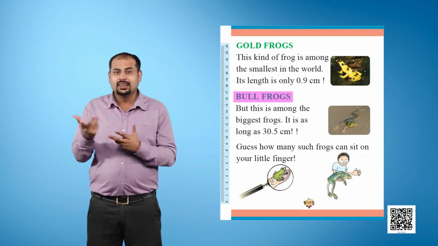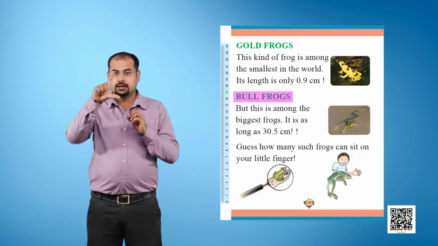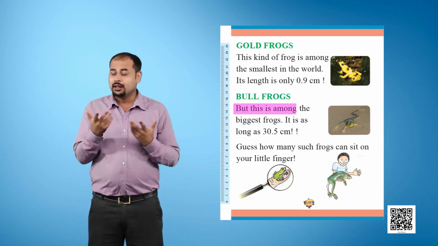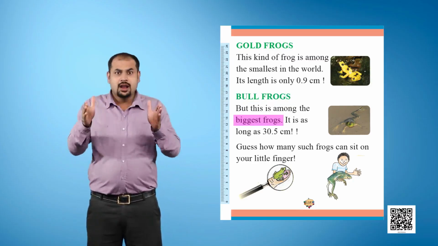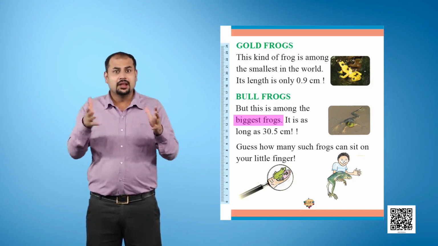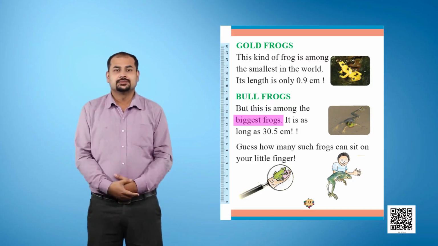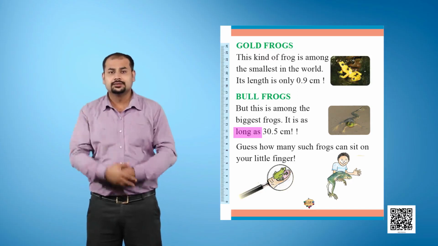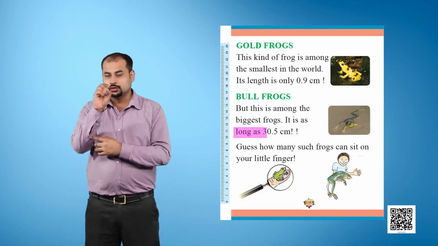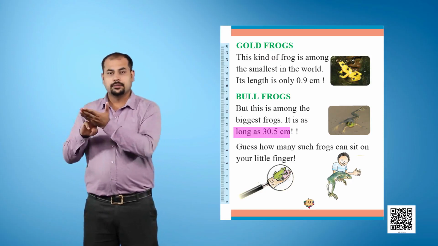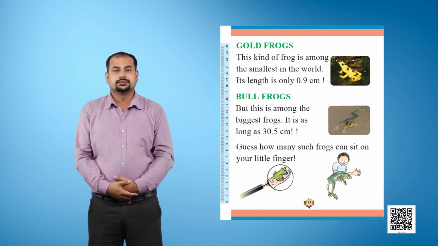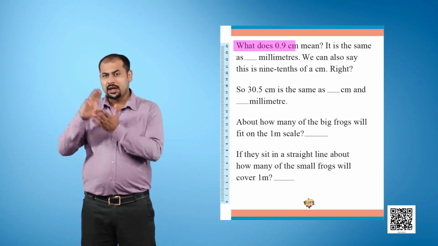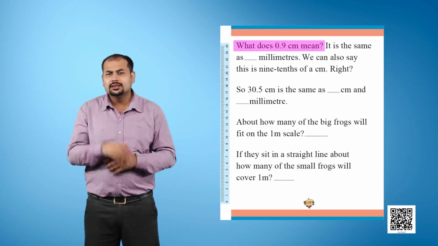Bullfrog. But this is among the biggest frogs. It is as long as 30.5 centimeters. Given below: what does 0.9 centimeter mean?